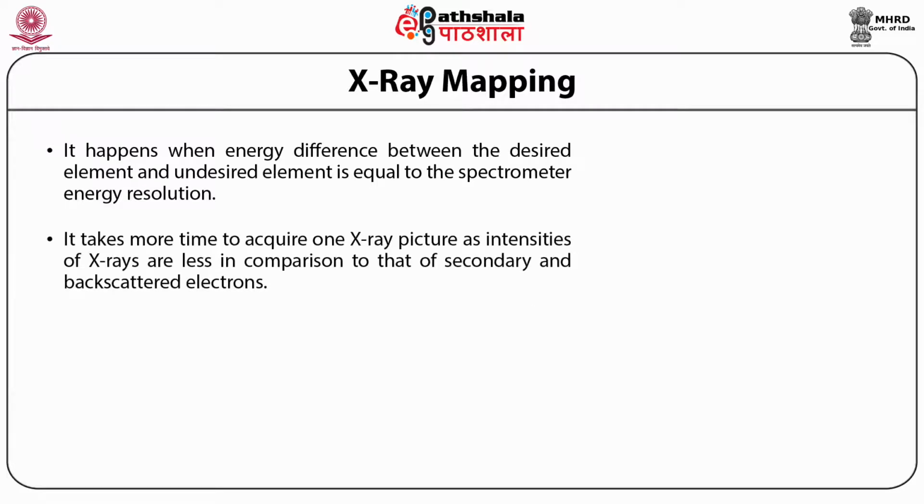It takes more time to acquire one X-ray picture as intensities of X-rays are less in comparison to that of secondary and backscattered electrons. The resolution of X-ray mapping is limited by area analysis.